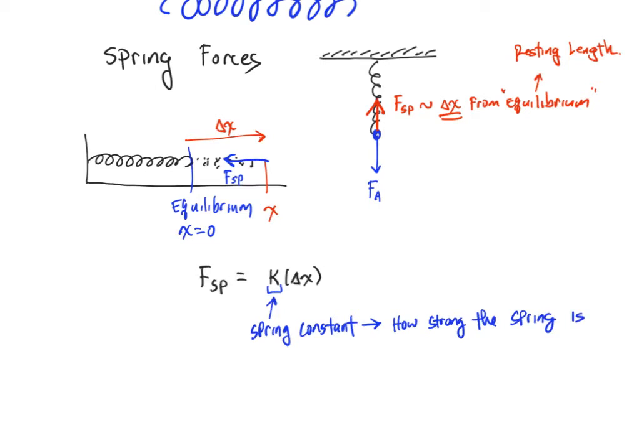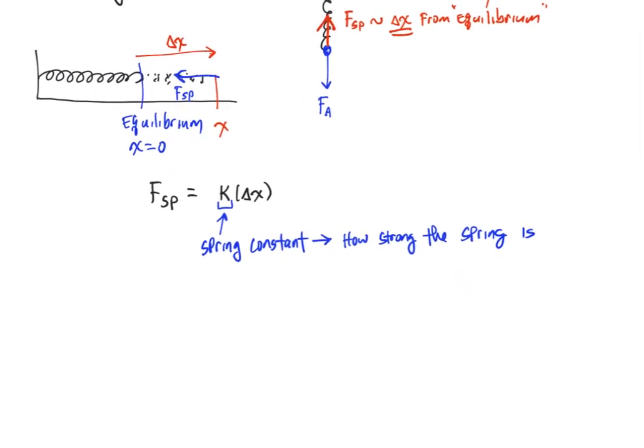If the k value is large, that means it's a very strong spring. If the k value is a small number, that would mean that the spring is weak. The unit here, just to shed some light on this, is the Newton per meter.